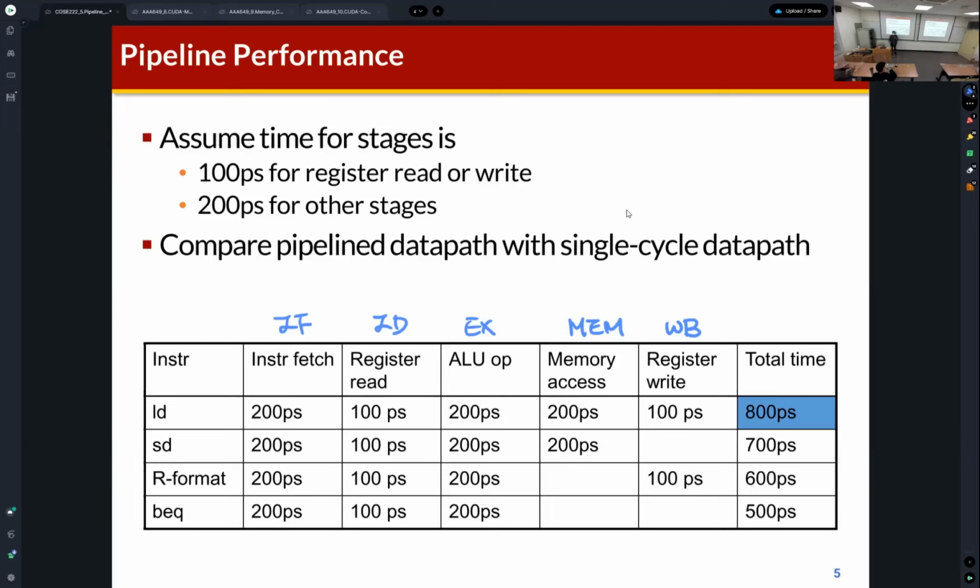If we design a single cycle processor architecture, then the load word instruction will take 800 picoseconds, because load word requires all 5 steps, so we need to add the delays of these 5 steps.